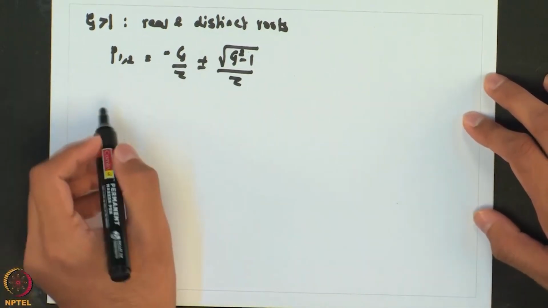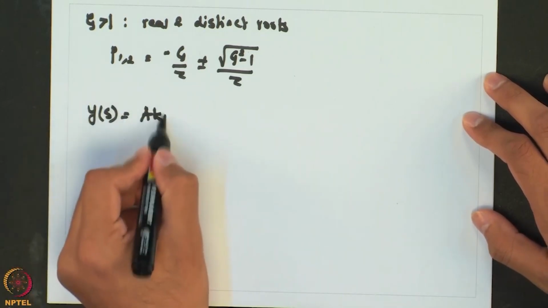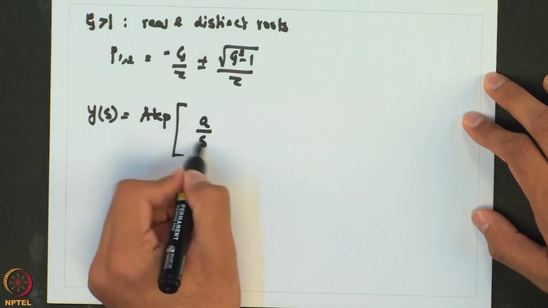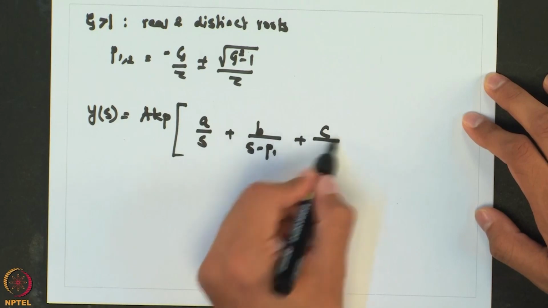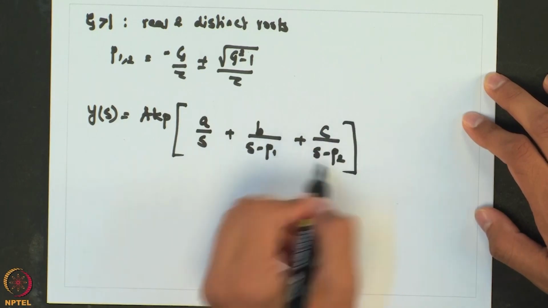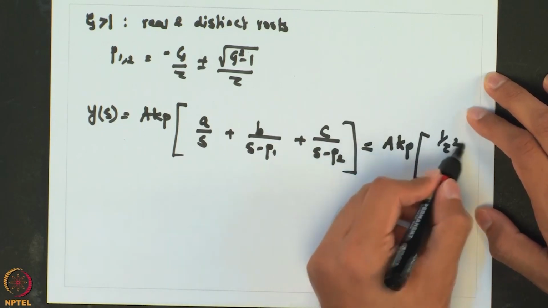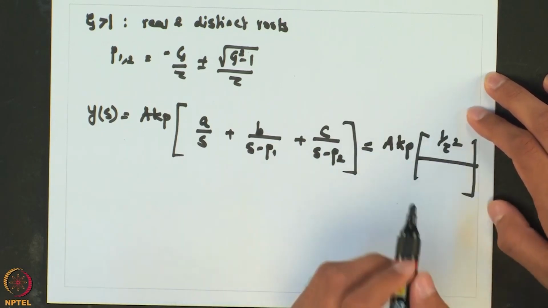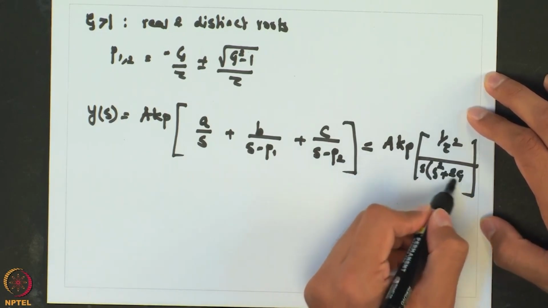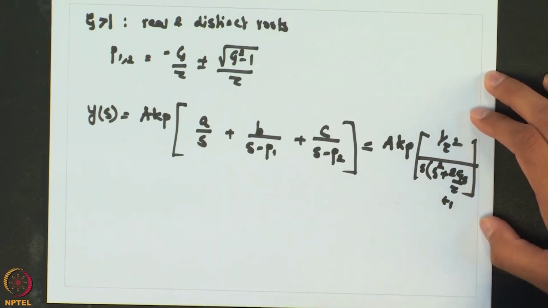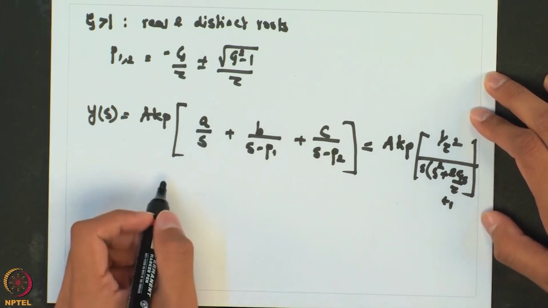So in that case, what we get as Y(s) as A Kp times A over s plus B over s minus p1 plus C over s minus p2. This will be equal to A Kp 1 over tau square over the same denominator which we had earlier, s square plus twice zeta over tau s plus 1. So we can use method of partial fractions to obtain the values of A, B and C.